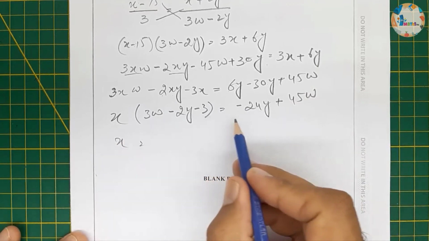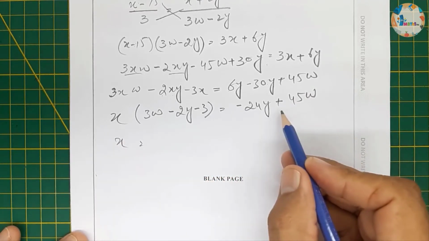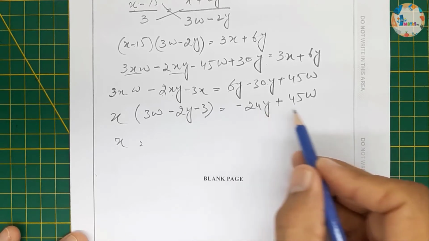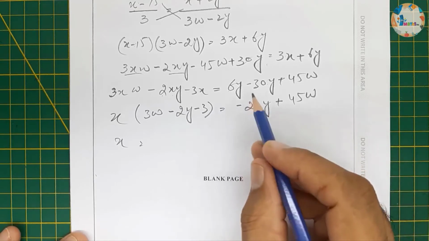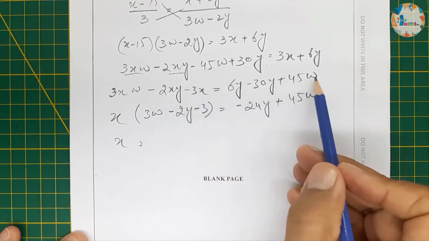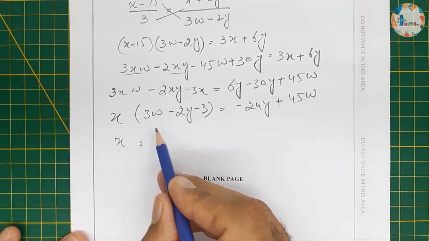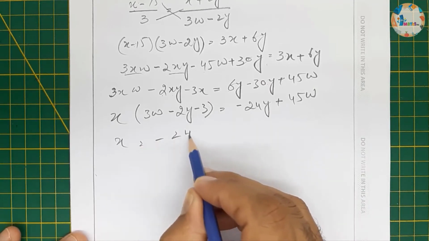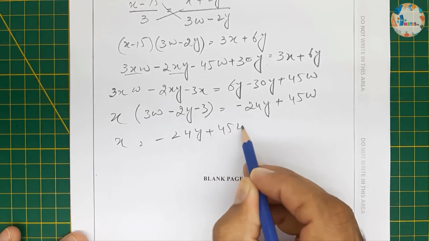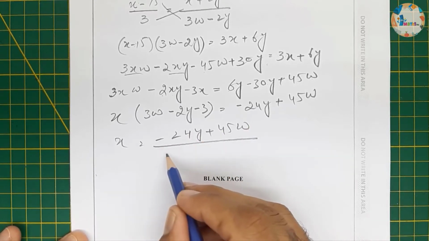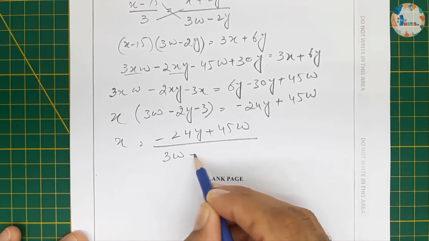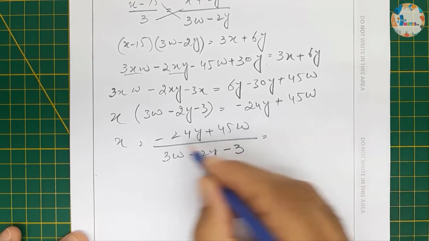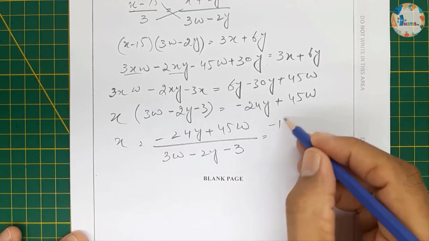And we can write x is equal to minus 24y plus 45w divided by 3w minus 2y and minus 3. Or what we can do, we can take minus 1 common from the numerator.